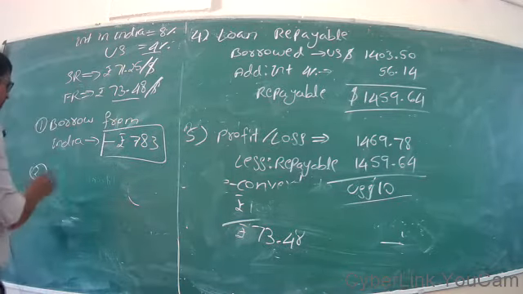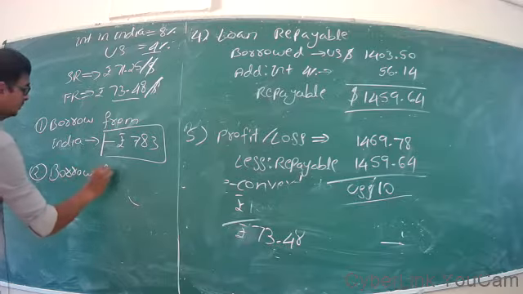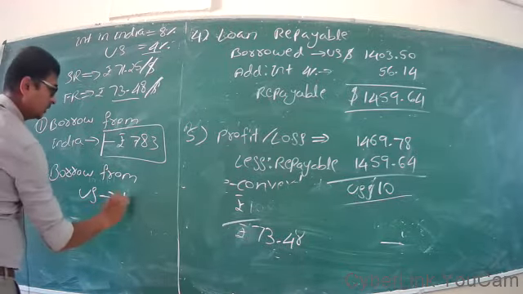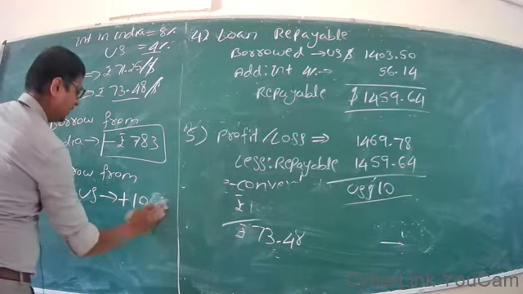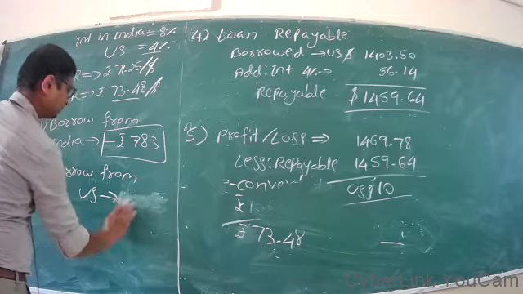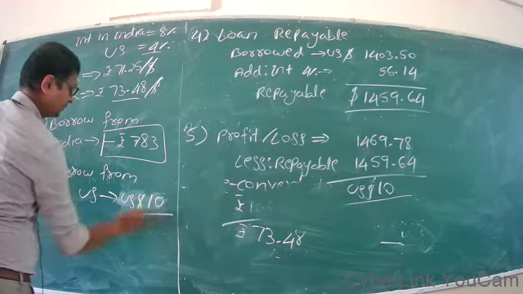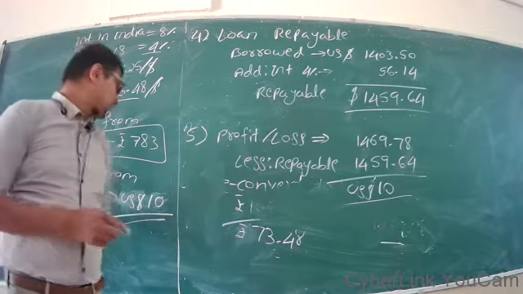So if you borrow from US you get $10, US dollar $10 you have earned so far.